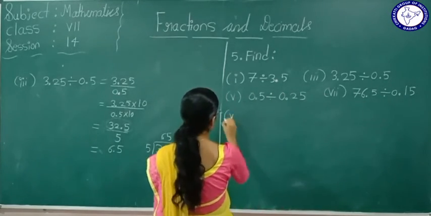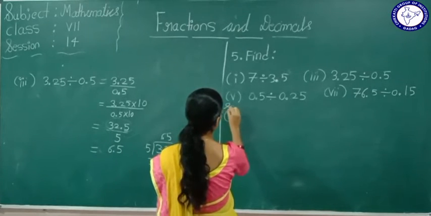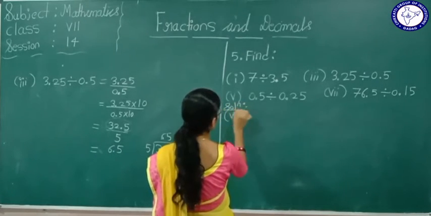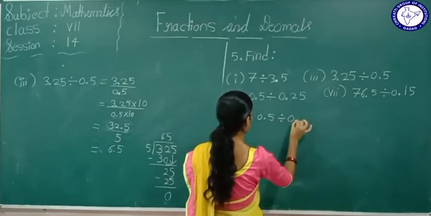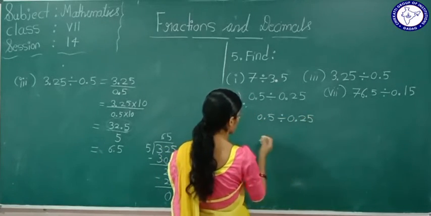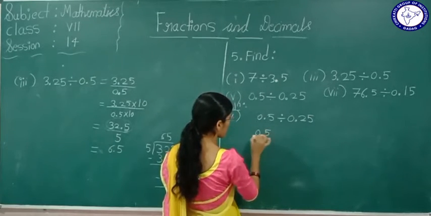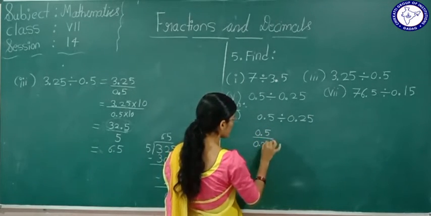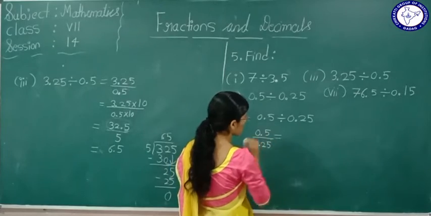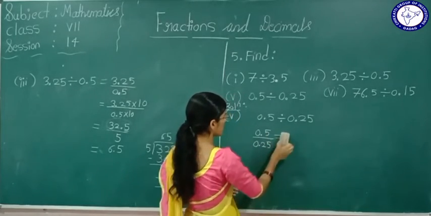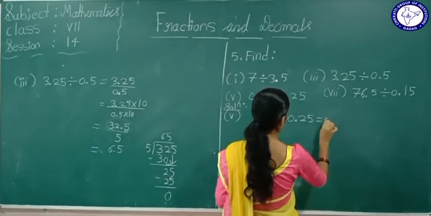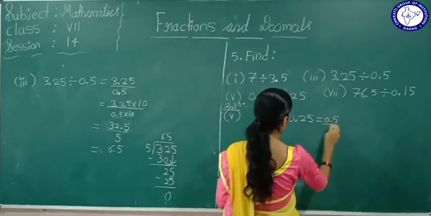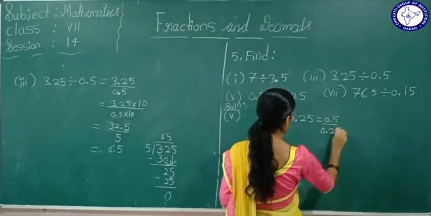Now the fifth one, you see the solution. 0.5 divided by 0.25. Okay, 0.5 by 0.25.